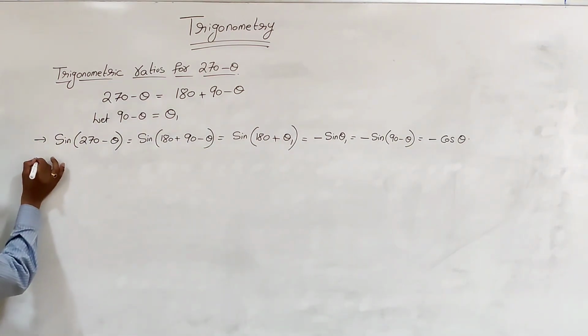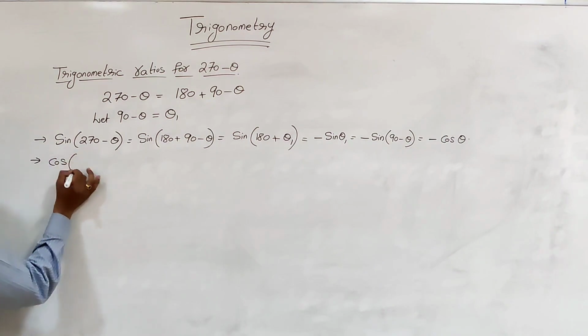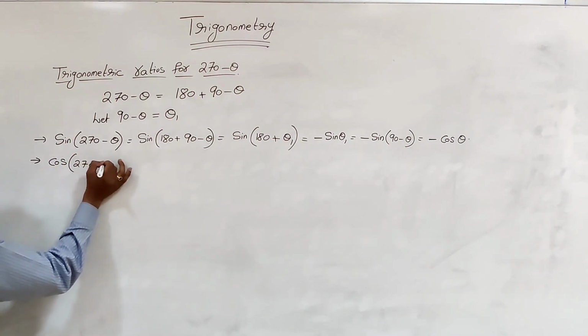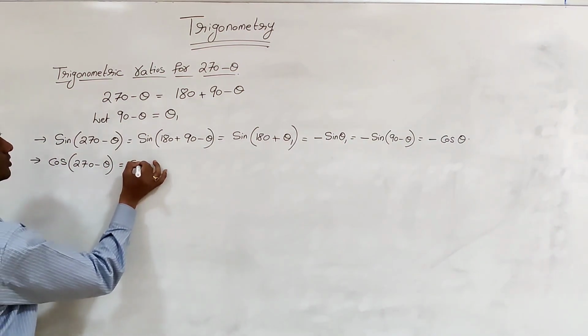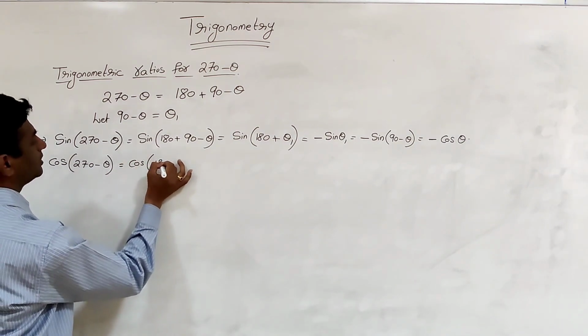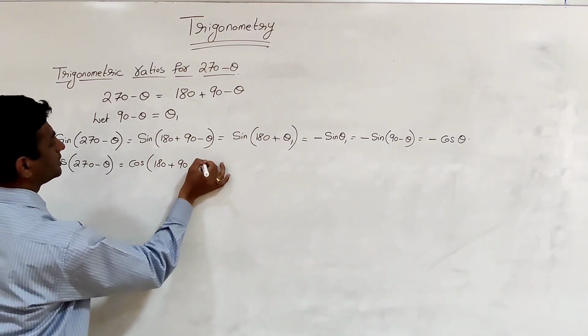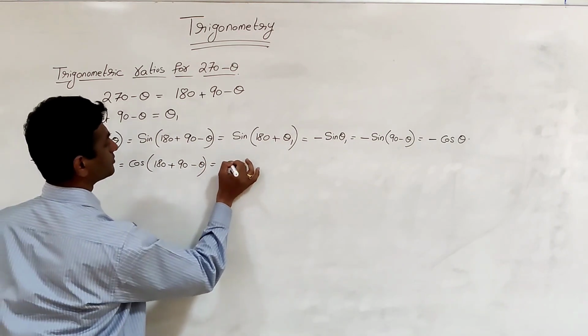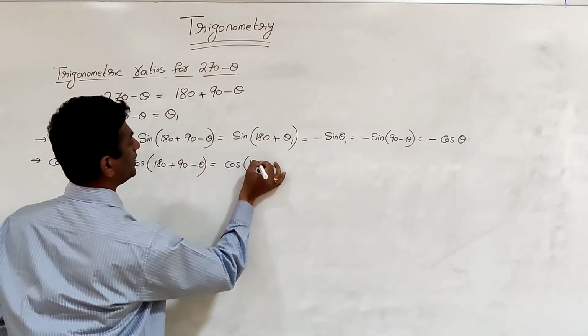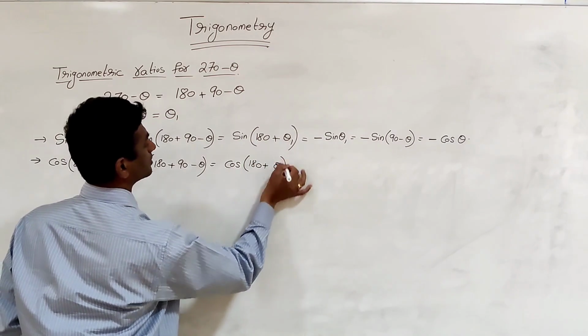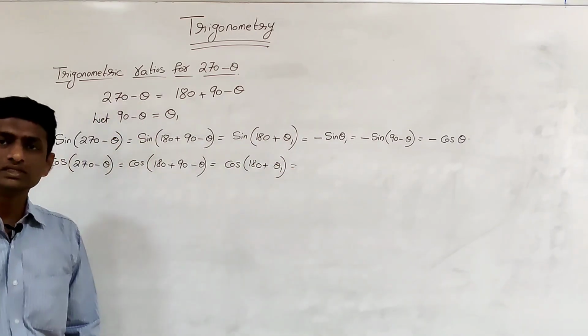Next, we'll go for cos. Cos of 270 minus theta is cos of 180 plus 90 minus theta, and we can write cos of 180 plus theta 1. What is cos of 180 plus theta 1?